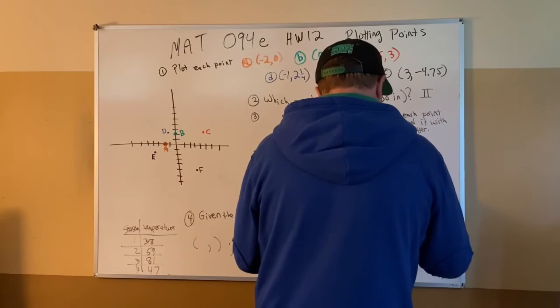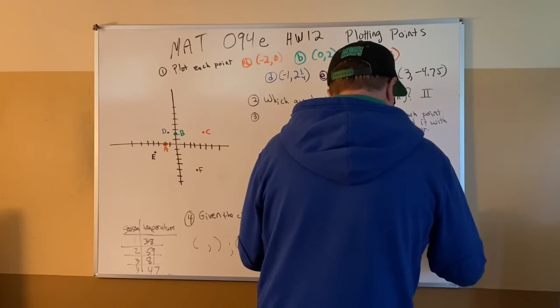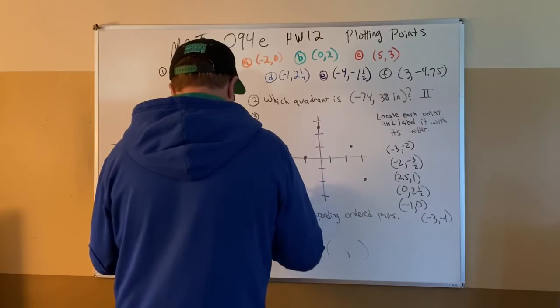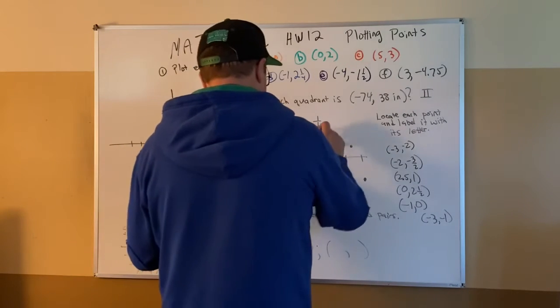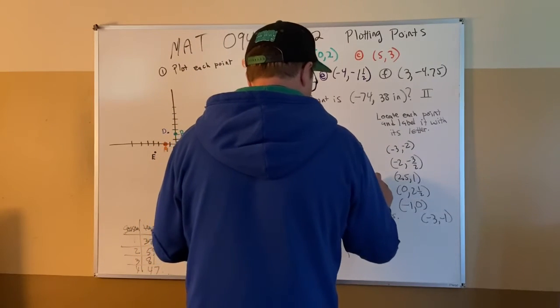Negative 1 followed by 0. And negative 3, negative 1. And the way I have these labeled is a K here, J there, H here, going left to right, L up here, G as we start to drop, and I right there.